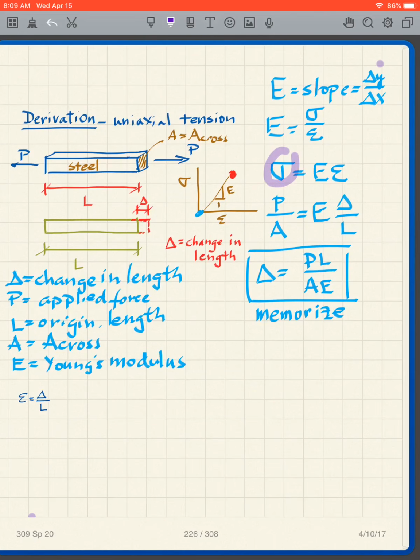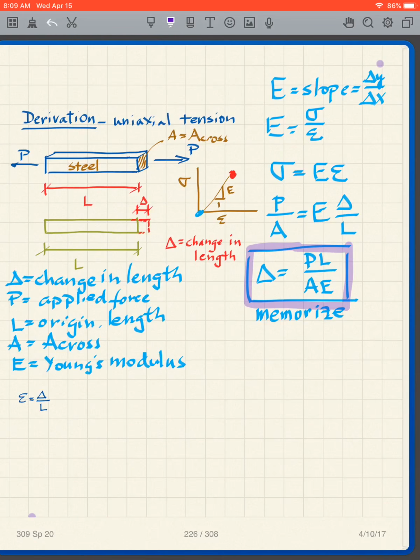I substitute sigma is P over A, stress, force over area. Epsilon is delta over L. I plug that in, and then I solve for delta. I get delta is equal to PL over AE.